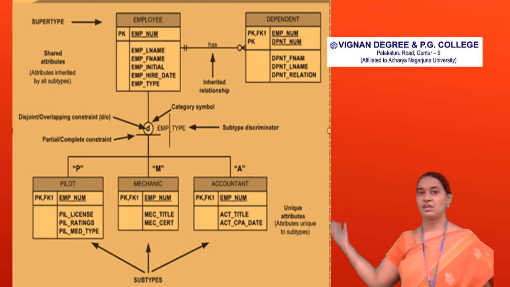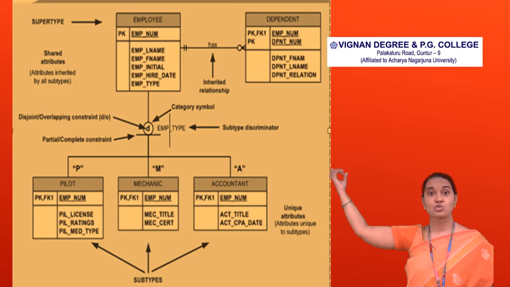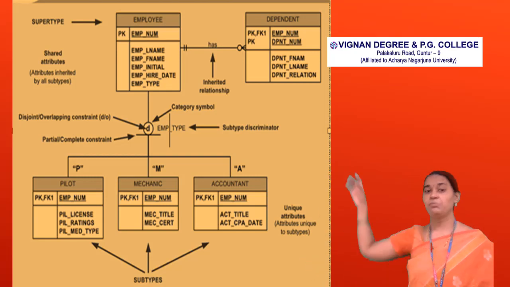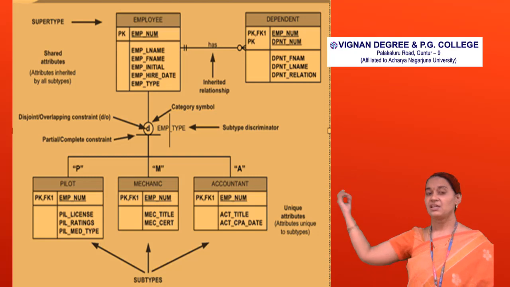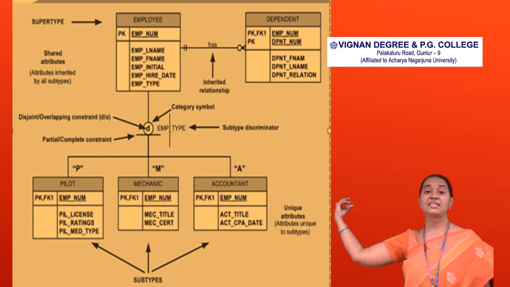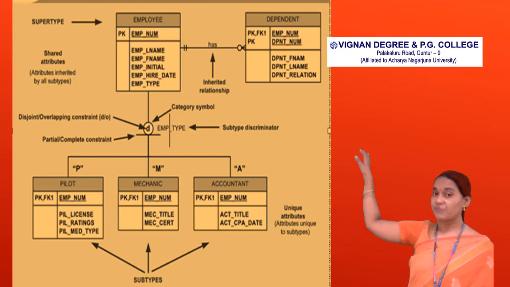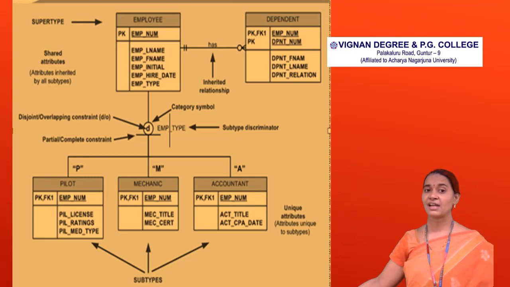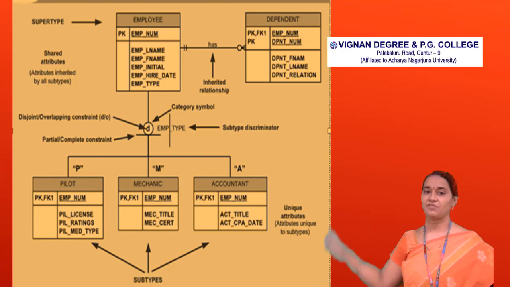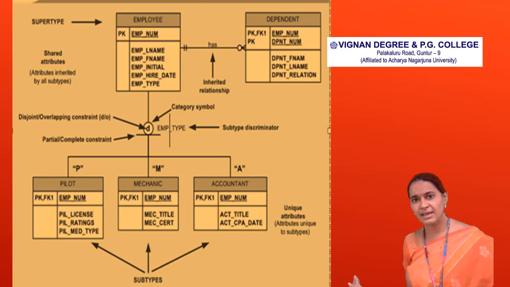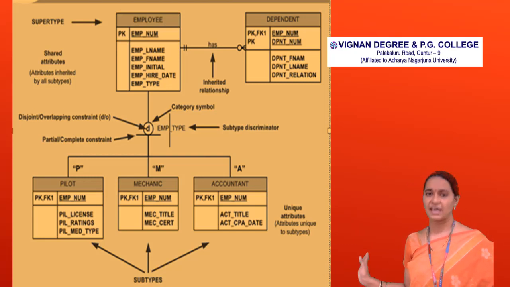This is the diagram in which the first one is the supertype, followed by the three subtypes. In between the supertype and the subtypes, the very important thing to remember is the subtype discriminator, which is used to differentiate whether the properties are inherited from the parent class into the pilot subtype, the mechanic subtype, or the accountant subtype.